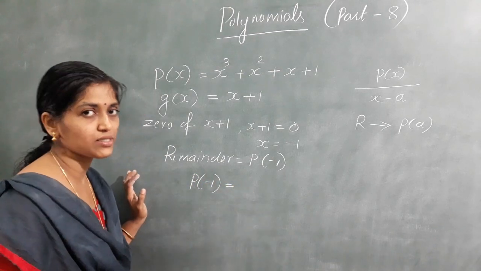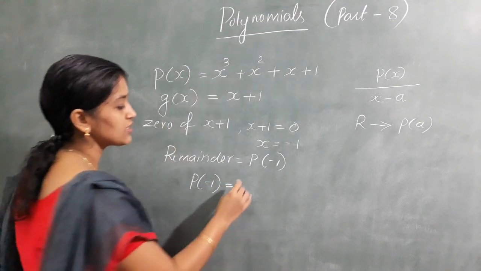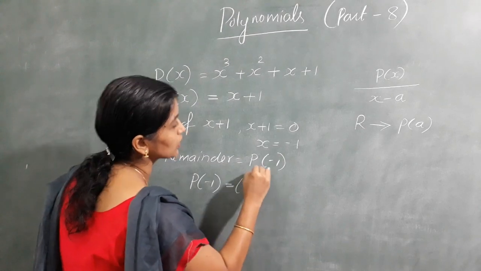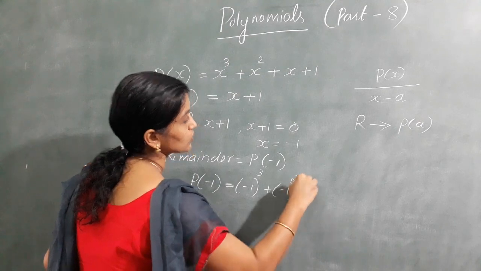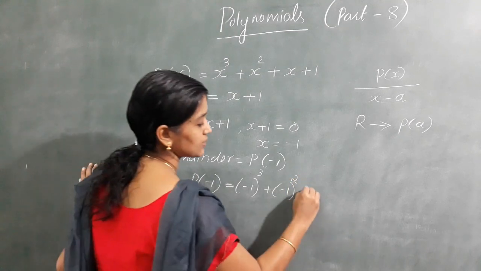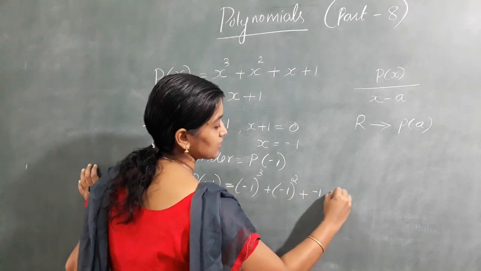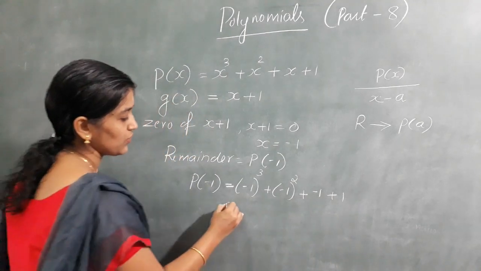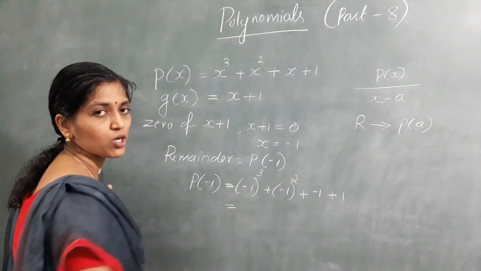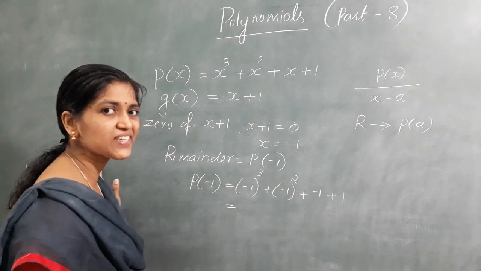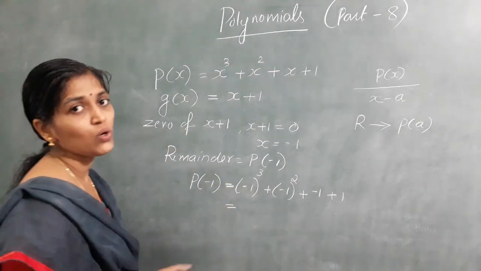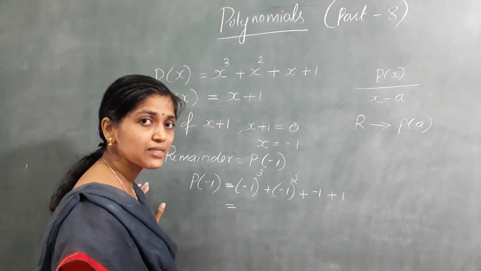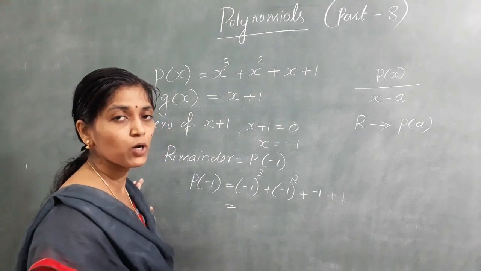So what is P of minus 1? It is minus 1 whole cube plus minus 1 whole square plus minus 1 plus 1. We know minus 1 whole cube is again minus 1, because minus raised to an odd power is always minus.